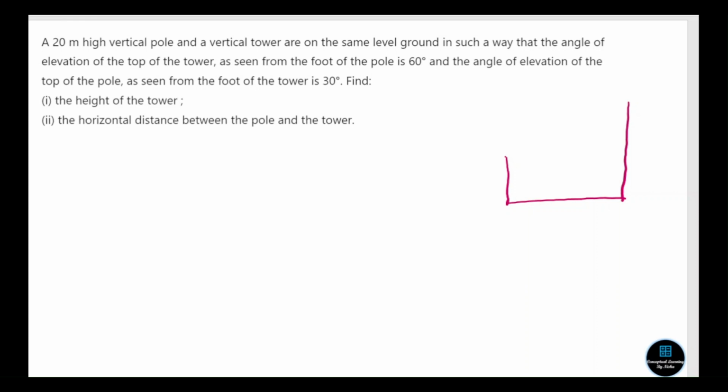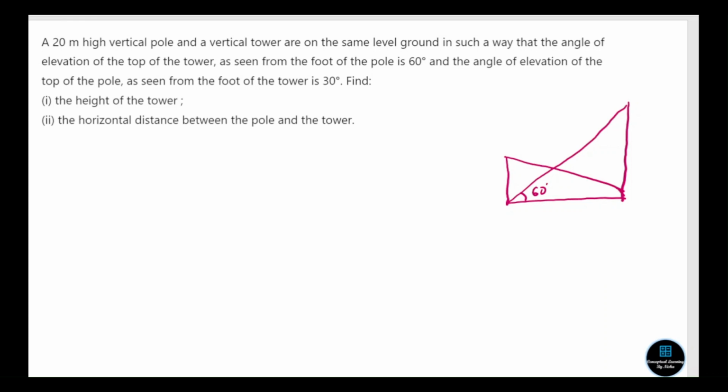Now 60° is greater than 30°, we know that. So see, if I'll just make this angle over here and one angle over here, we are observing from the foot of the pole and tower, one by one. Okay, now this angle is bigger, this is 60°. So that means the elevation of top of the tower.